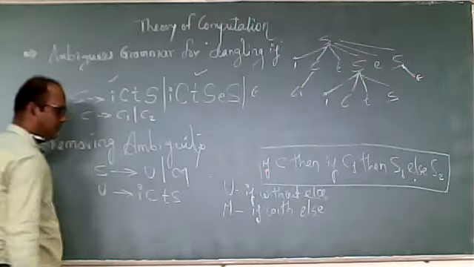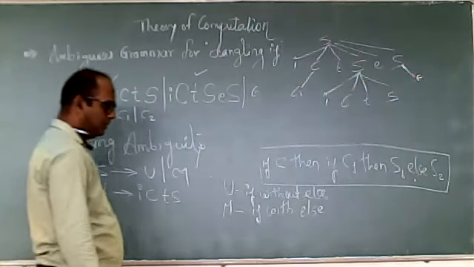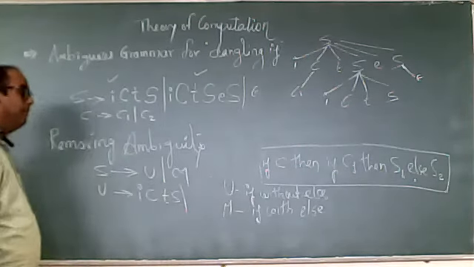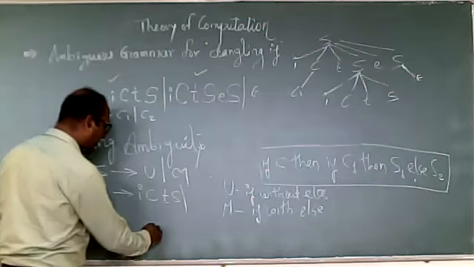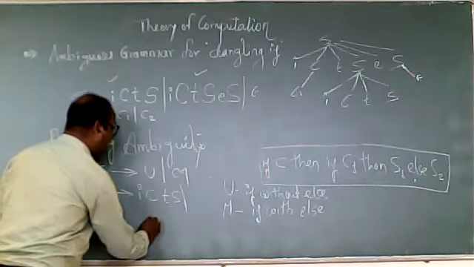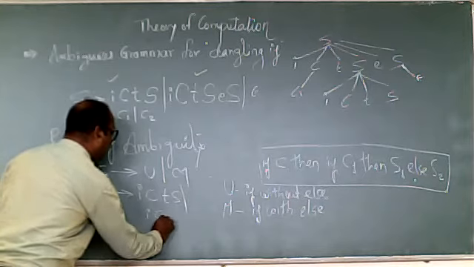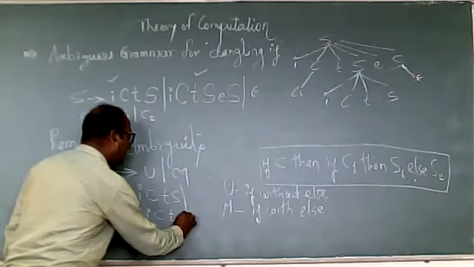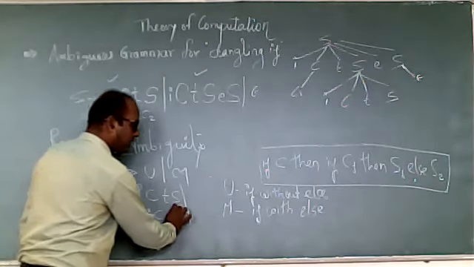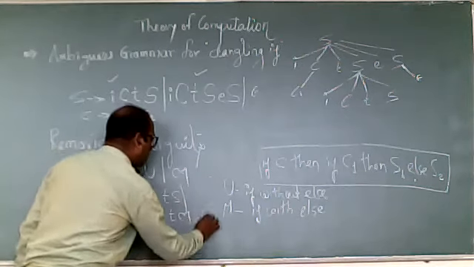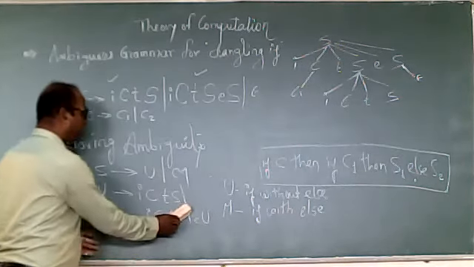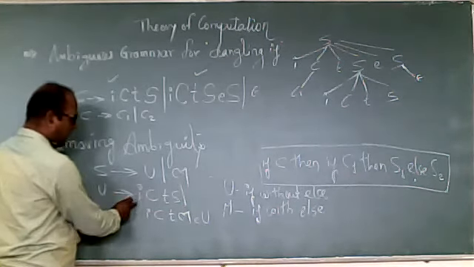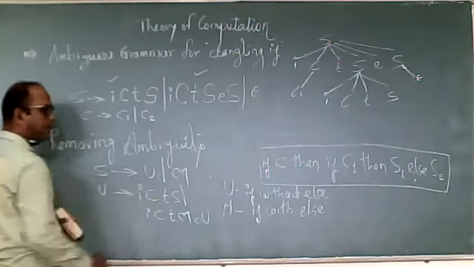This is the first production for U. The second production for U is if condition then if, if it is a nested if, I will say M, else S. And this is the simple plain if.